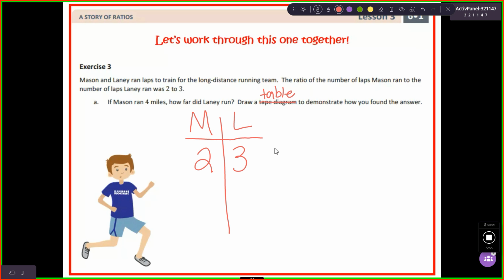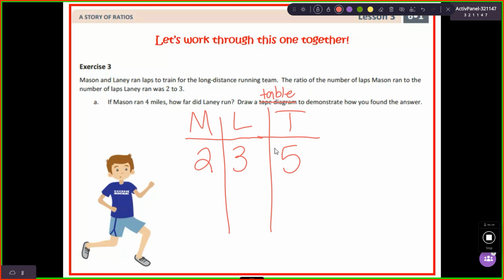I could add another column for total. Did they ask about it? Nope, that's something you just have to understand. And what would their total be? 5. Good. Remember, we add the parts to get the total. 2 plus 3 is 5.